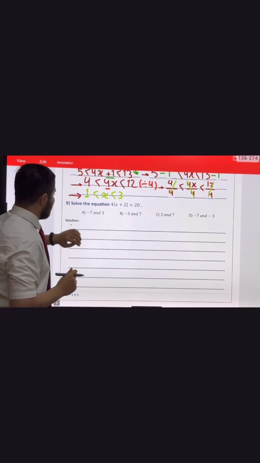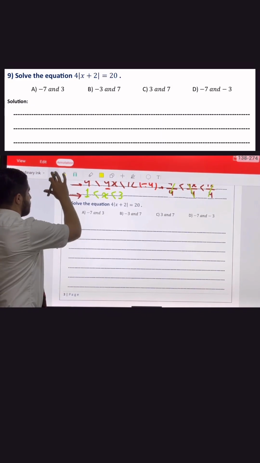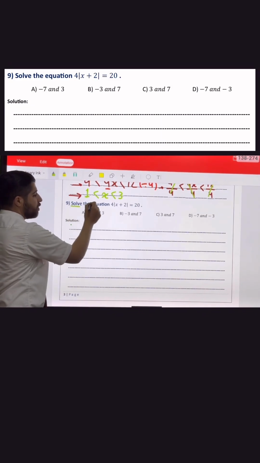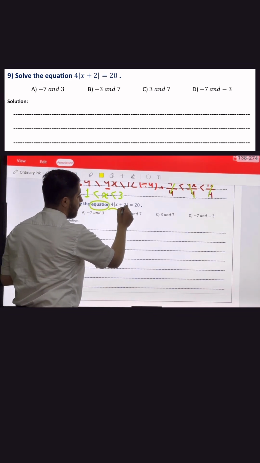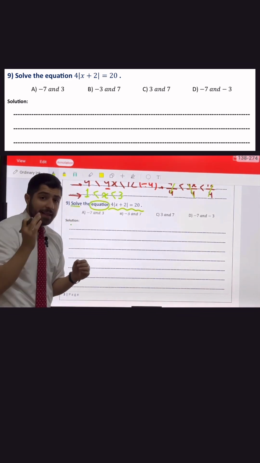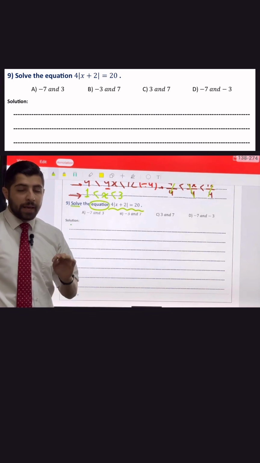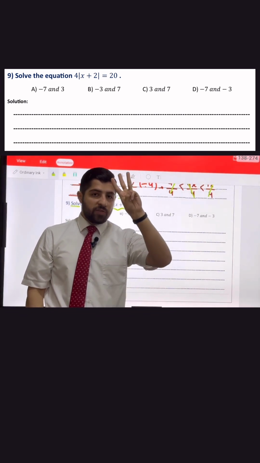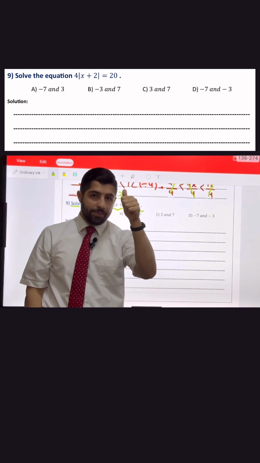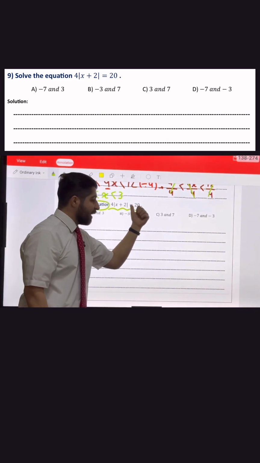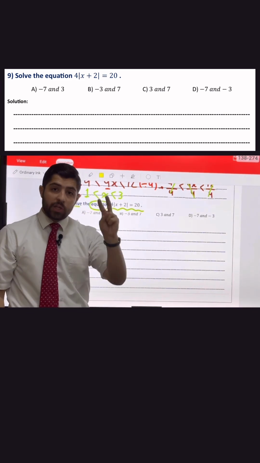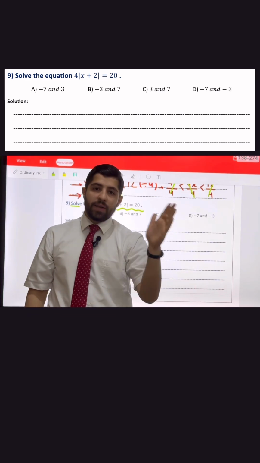We go for question 9. Question 9 says, solve the equation that we got here, okay? I see in this question, there is an absolute value, okay? In absolute value, you have to be careful of 3 things. 1, if the right side of the equal sign was positive, you get 2 answers, positive and negative.